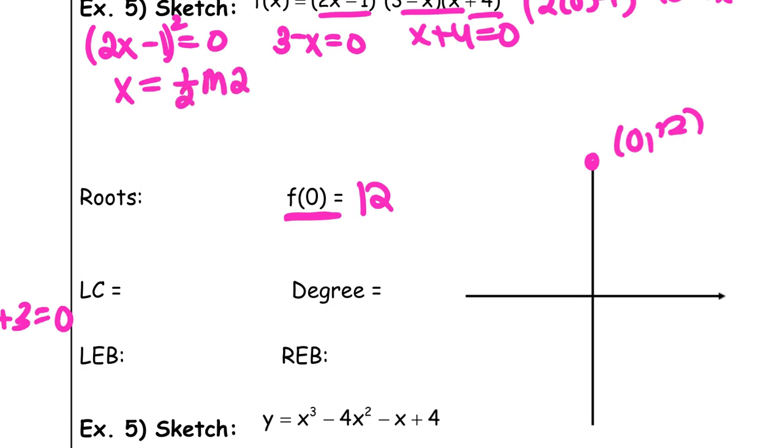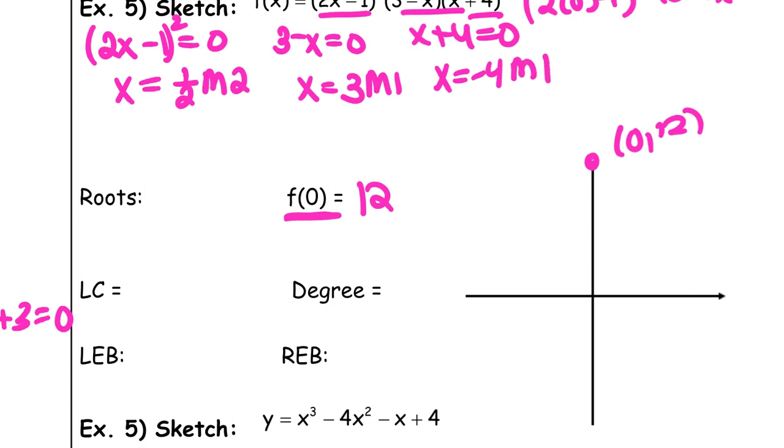Multiplicity 2. This one would be x equals, we'll subtract the 3, but then we'll multiply by a -1, and that's going to give us 3. Multiplicity 1, right? Just occurs once. That means it's going to cross just like a line does.